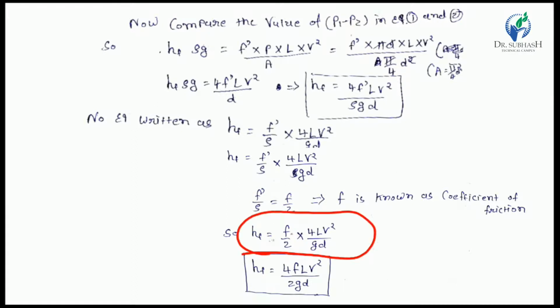So the equation is hf is equal to f upon 2 into 4 L V square upon g d. So the final equation we get is hf is equal to 4 f L V square upon 2 g d. This is the final Darcy-Weisbach equation to find the loss of head due to friction.